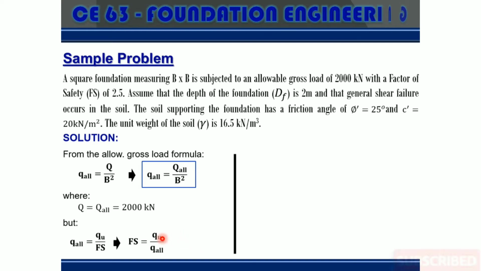Since this is an ultimate small q over the allowable small q, which refers to the bearing capacity of the soil, we can also express this factor of safety as a function of our capital load Q, considering the ultimate load Q over the allowable load Q.